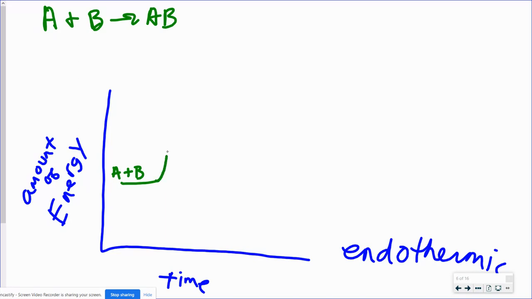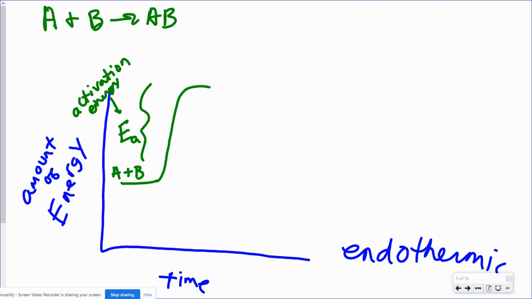Well, there's something called an energy barrier that the reactants have to be able to overcome to actually react. So they're colliding, the A and the B molecules. And if they can overcome this energy barrier, it is called the activation energy. Okay, activation energy.